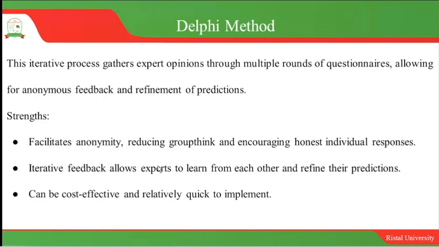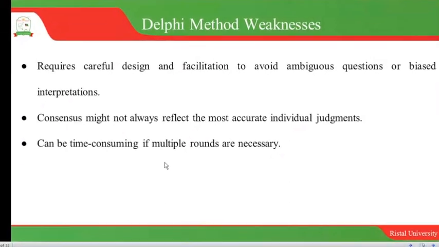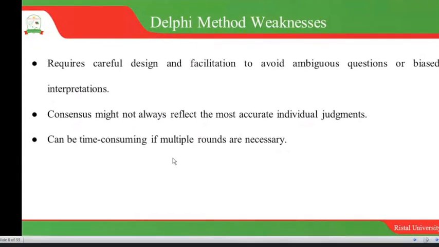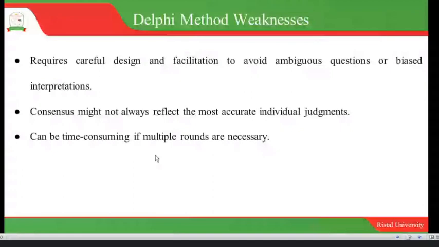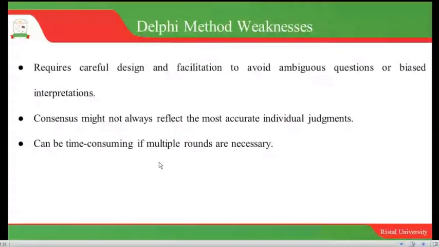Some of the weaknesses of this method is that it requires careful design and facilitation to avoid ambiguous questions. So how do we design our questionnaire? That's a very important issue under the Delphi method. If we are not keen on it, then we could have excessive information, some of which we do not need. We could have information that is ambiguous.